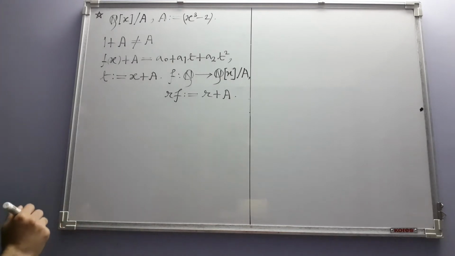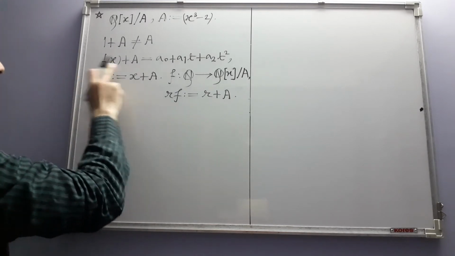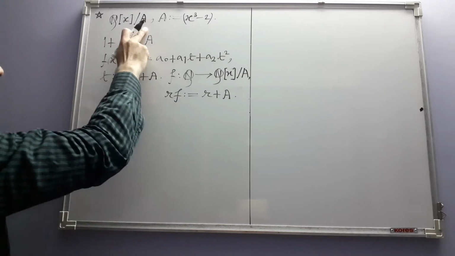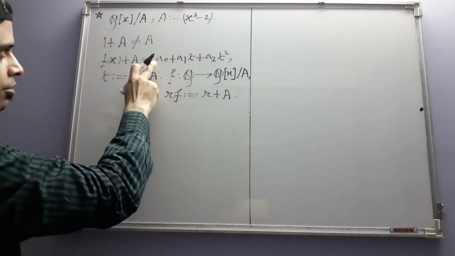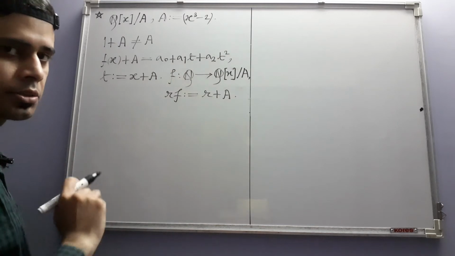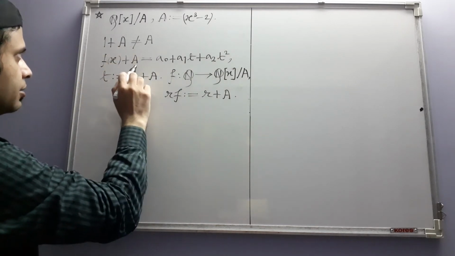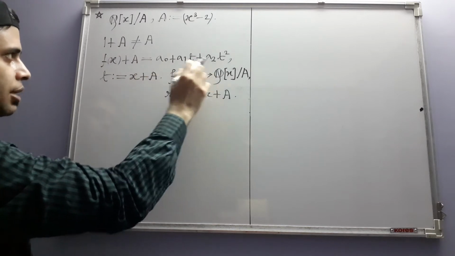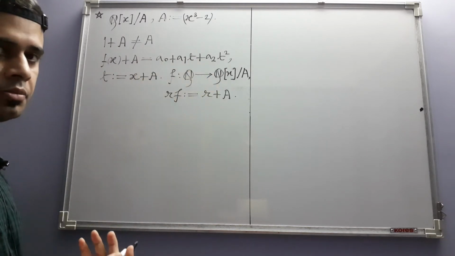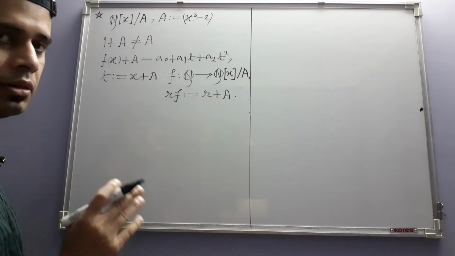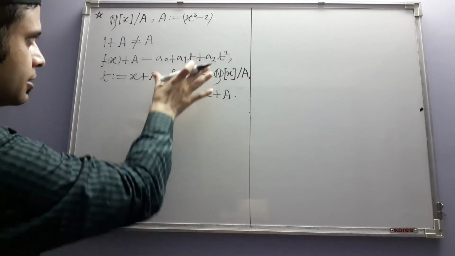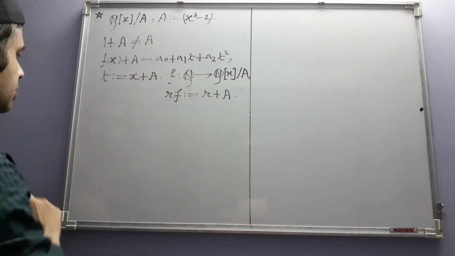Okay. Now in showing that any arbitrary non-zero element here has a multiplicative inverse, we are now going to make use of these expressions. One more thing is that for a given element, these a0, a1 and a2 are unique. We are going to make use of that uniqueness also. That is, this expression is unique for a given element.